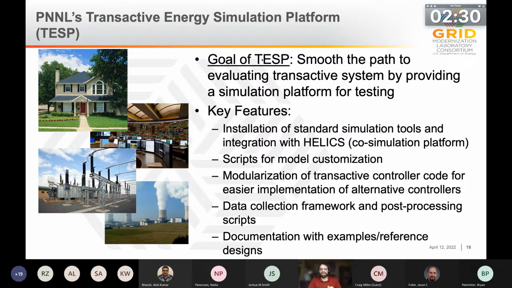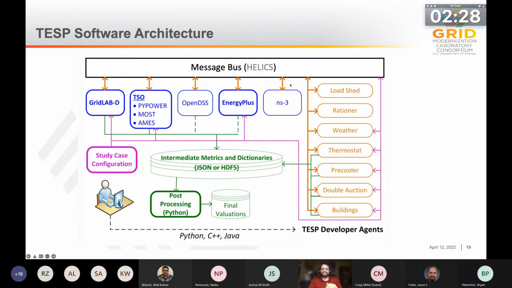Go on to the next slide, Brian. Mostly it's just eye candy. Here is in some respects the software architecture of the transactive energy simulation, and the star of the show is that black box at the top, Helix, which is tying all these different simulation tools together.